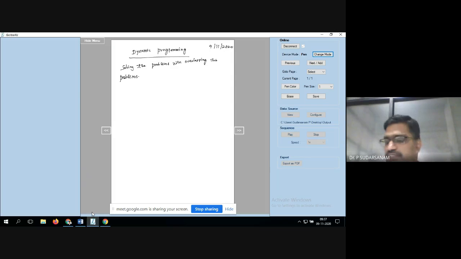Now I am having one question. Students, you can ask me one question. Recursion also has overlapping problems only. So what is the difference between that one and this one? Factorial n: if n is equal to 0, return 1, else return n into fact of n minus 1.